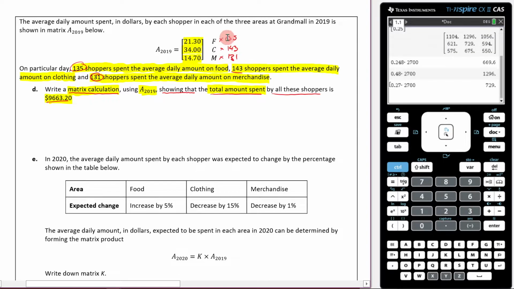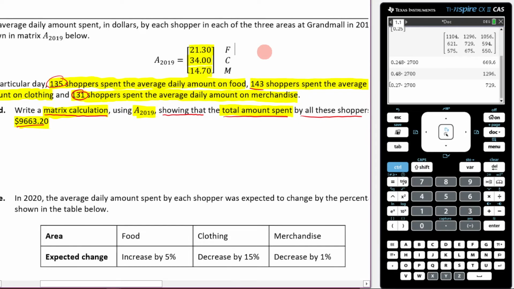But now we need to represent this as a matrix multiplication. How can we do that? Well, this is where understanding how the order of things works is very important. So let's just rub this out for the time being. What is this matrix? It is a 3 by 1 matrix. What is the order of our answer going to be? Well, as you can see, it's one number. So therefore, it's going to be a 1 by 1 matrix, isn't it?